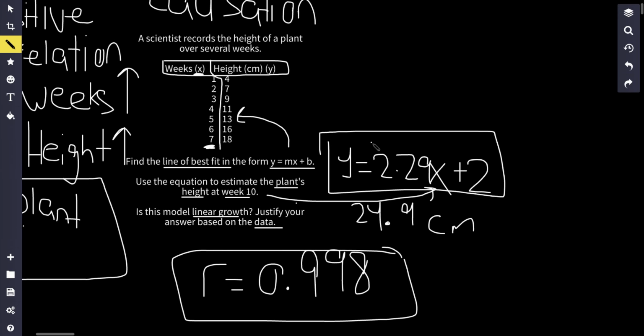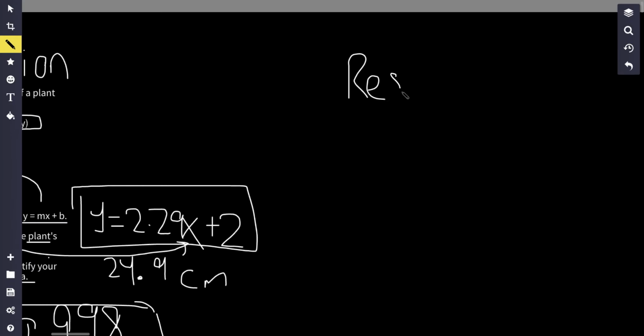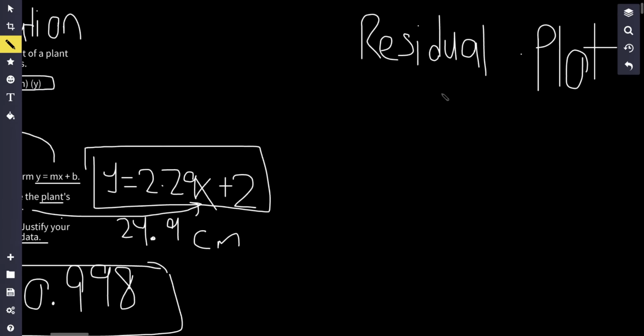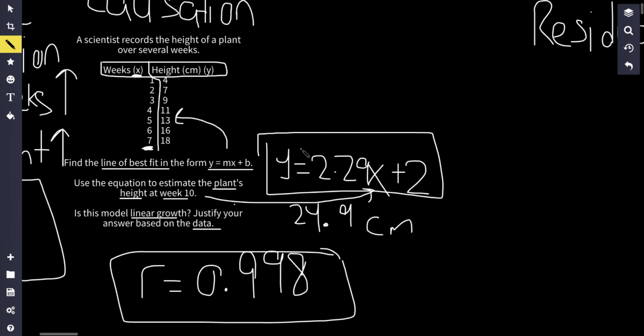And you can also plot a residual plot. Because think about it, the line of best fit gives you an estimate for what this data represents. But sometimes this line of best fit might not be the best at accurately representing the data.